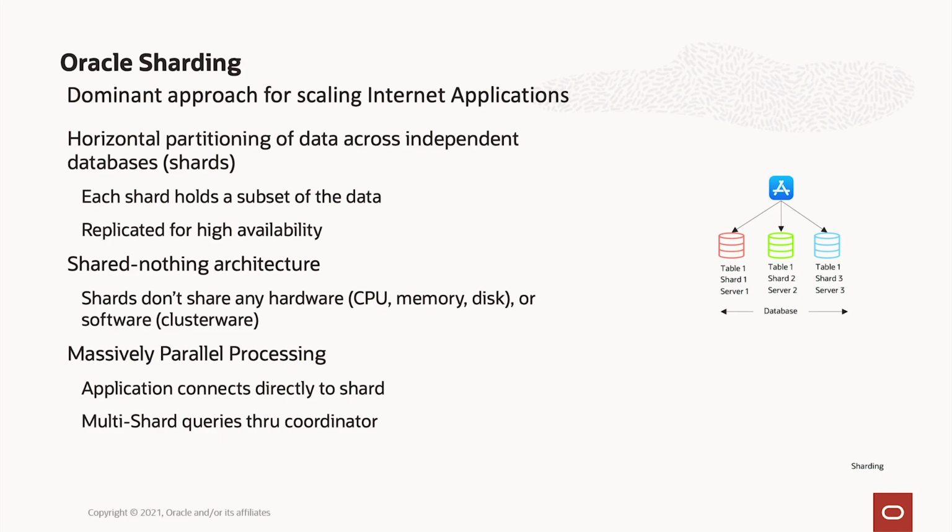Nor do we need any specialized software like clustering software. So these shards are independent. At runtime, they don't communicate with each other. They don't even know that there are other shards in the system. All of these shards are completely independent and use a shared nothing architecture.